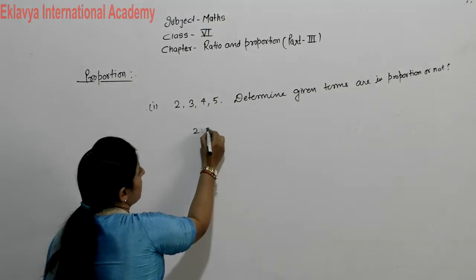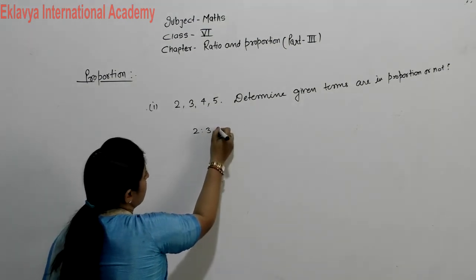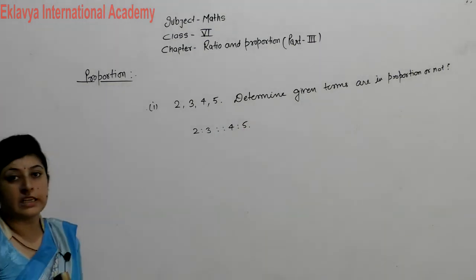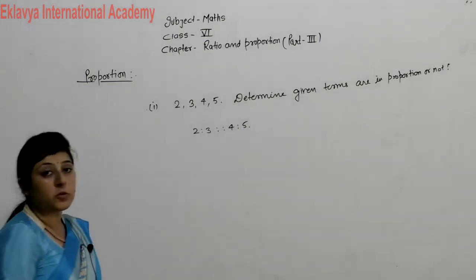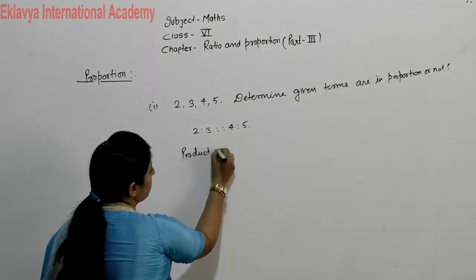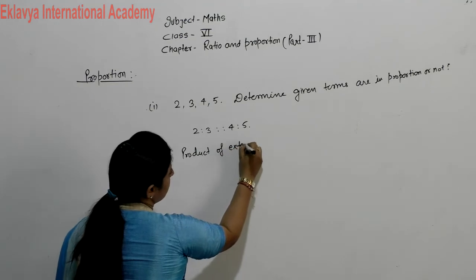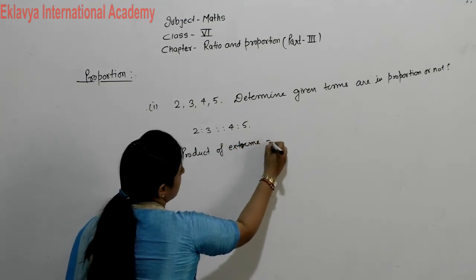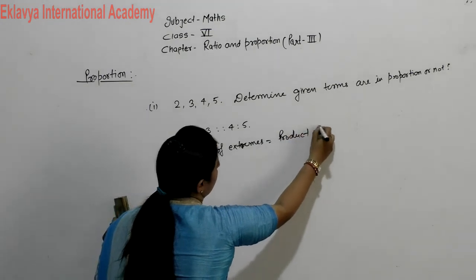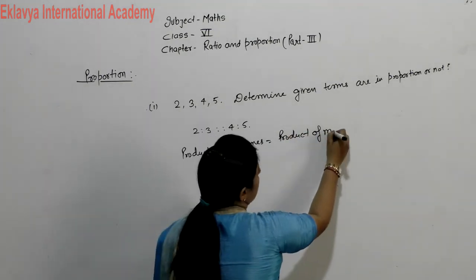Firstly, we can write down like this: 2:3, 4:5. If they are in proportion, it means the product of extremes should be equal to the product of middle terms.